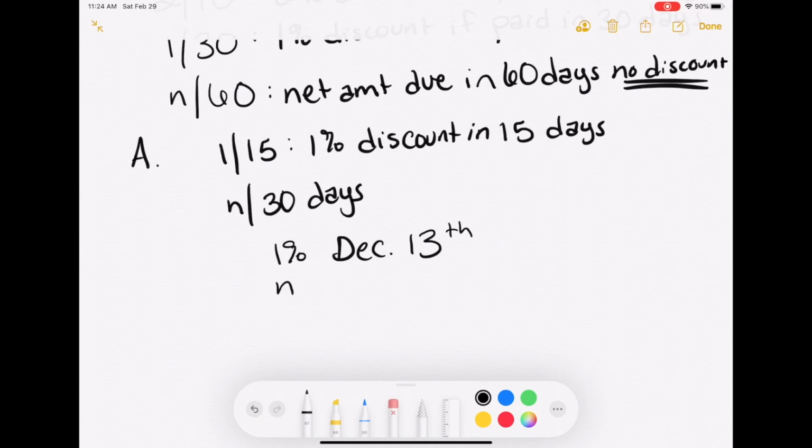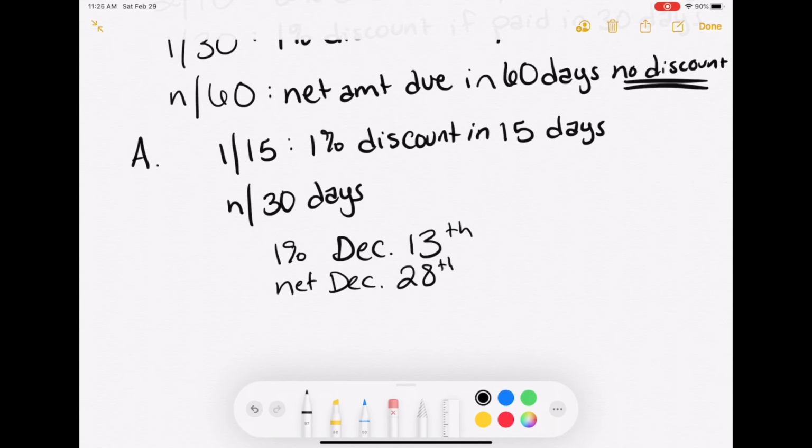And net would be due, there's 30 days in November, so this one makes it a little bit easier. It would be December 28th. Let me just double check from the 28th, which we do not count. December 28th. So a 1% discount would be before December 13th, net December 28th.